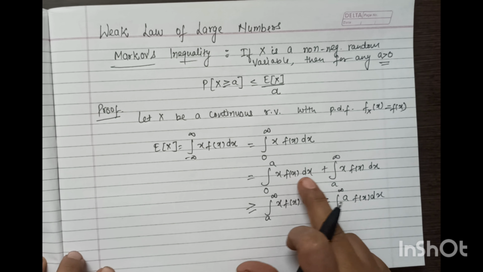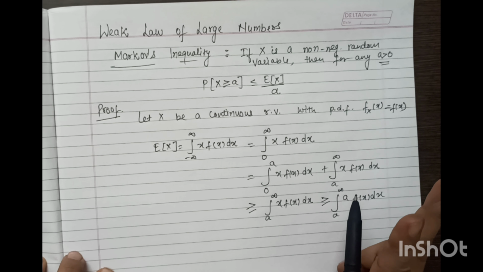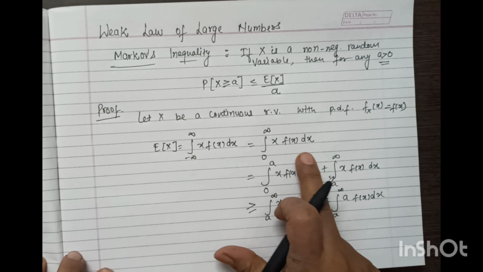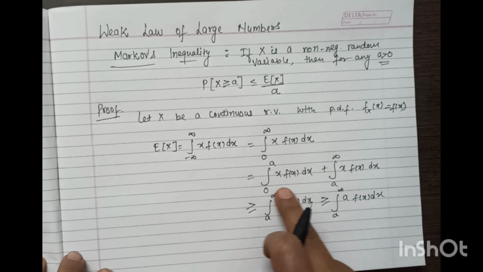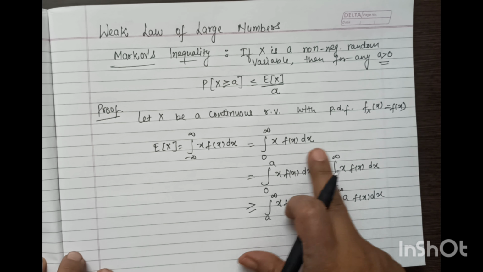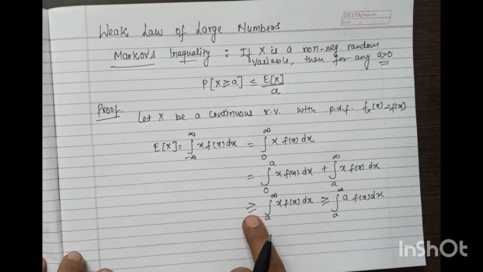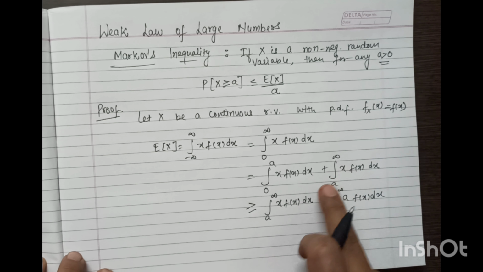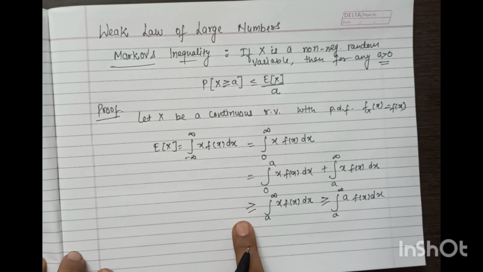See, here this was the sum of two quantities. So if I remove this, which is a positive quantity because x is non-negative and a is positive, whatever the sum is, it will be greater than or equal to this value. If we are replacing two values with one, we will be replacing the equality by the inequality greater than or equal to.